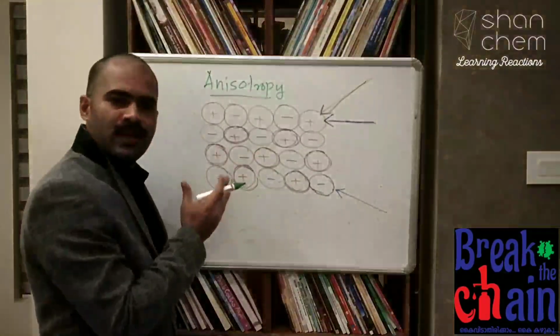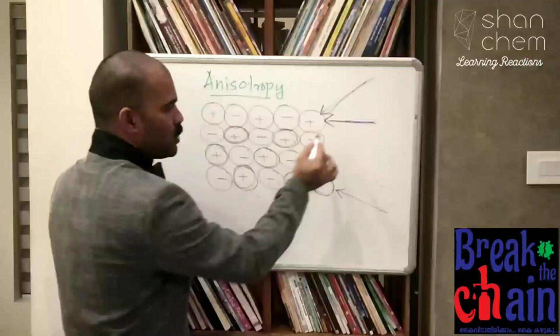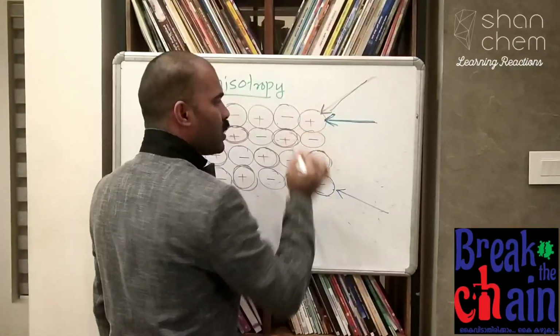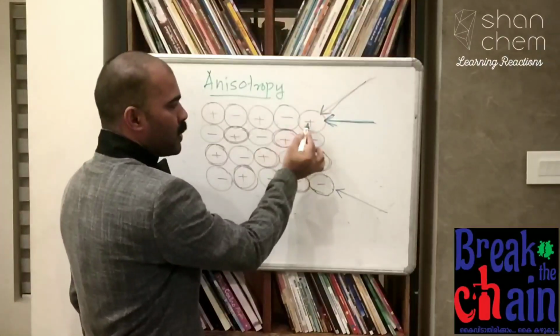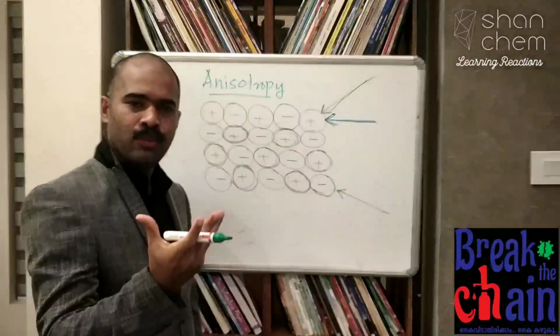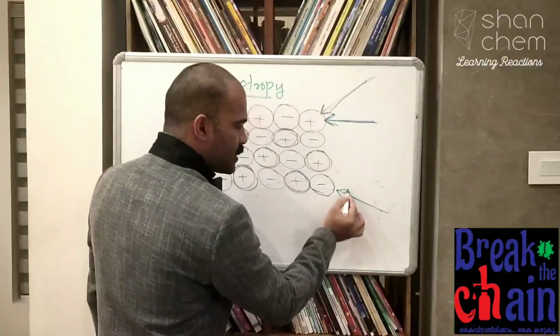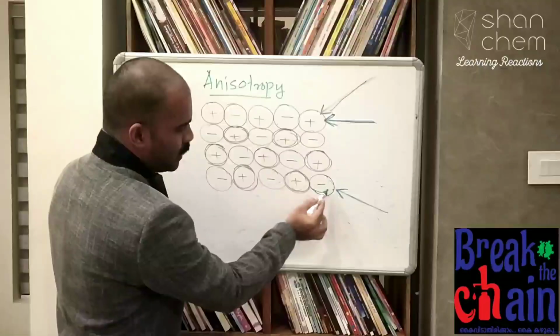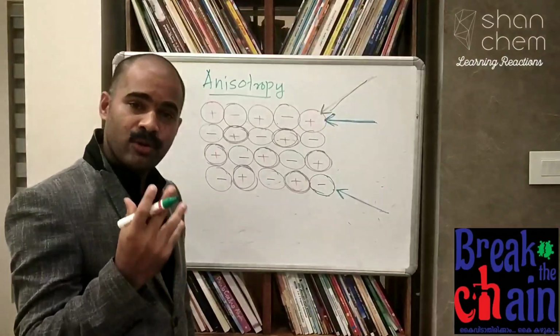Therefore, the value of the electrical resistance will be a particular value. Suppose we measure the value along this direction, the electricity passes through plus, minus, plus. Therefore, the measured value will be different. Suppose it is measured along this direction, the electricity passes through only the minus ions. Therefore, the value will be different.